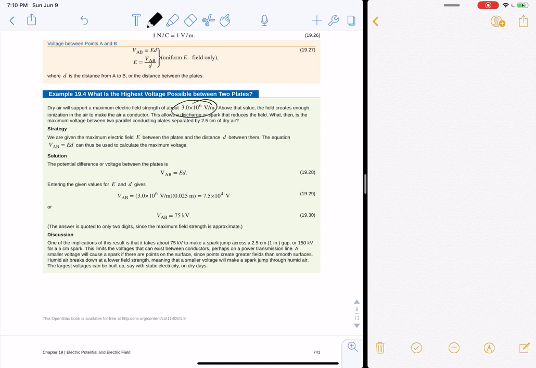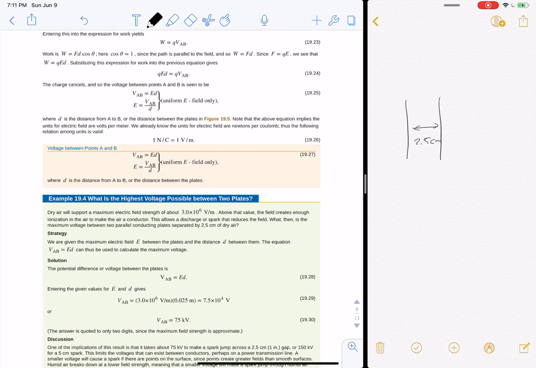If you go above that, electrons can pass through and air will become a conductor. Above that value, the field creates enough ionization in the air to make the air a conductor. This allows a discharge or spark that reduces the field. So what is the maximum voltage between two parallel conducting plates separated by 2.5 centimeters?